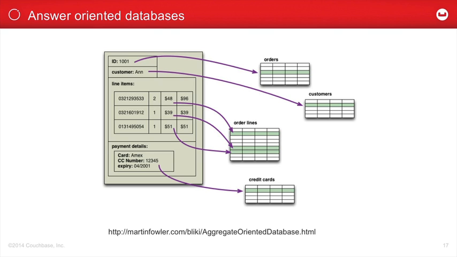In the relational model, we split that chunk of data that we access and think of together into multiple rows in several different tables. In an aggregate database instead, we're storing together the data that we access together. Instead of splitting that out into multiple rows, we store it as a document, in the same chunk that it comes in when we need to work with it.